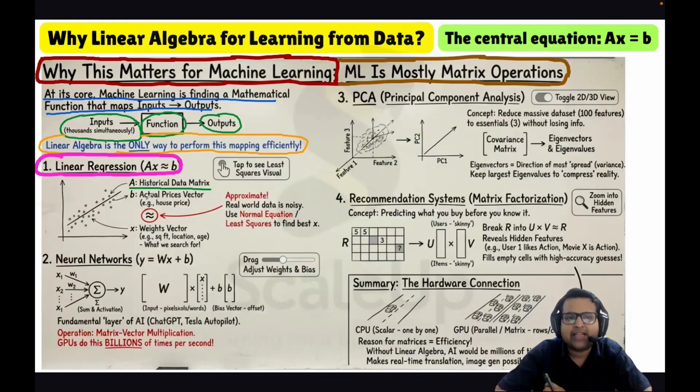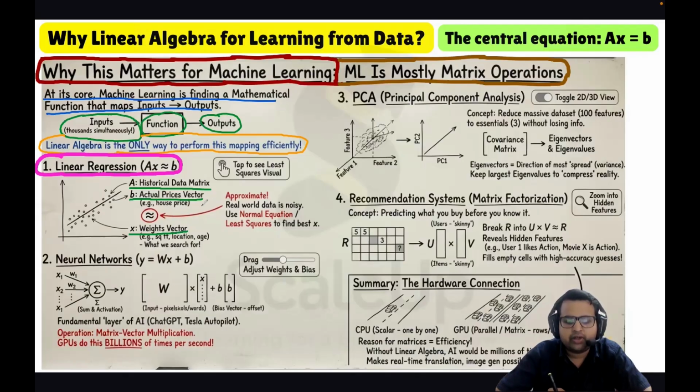Vector b is the actual prices, the ground reality, the ground truth. And vector x is the weight, or importance, of each feature. So in linear regression, A is the historical data matrix, vector b is the actual price vector, the ground reality, and vector x is the weights vector.